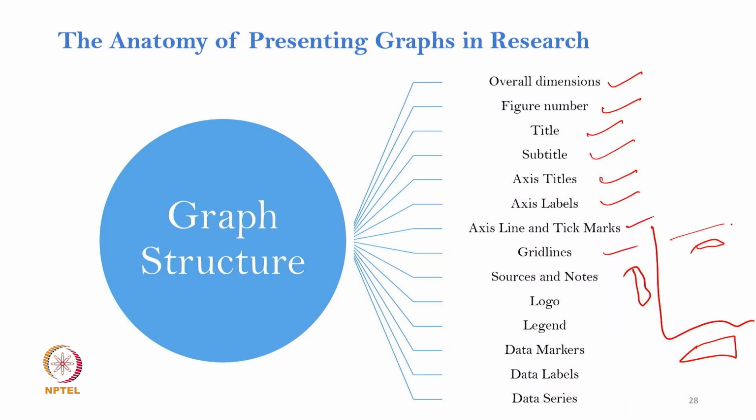You can always put the grid lines, and sources and notes. If you are going to borrow an image from a particular source, it is always good to have the source, saying which source this image is from.